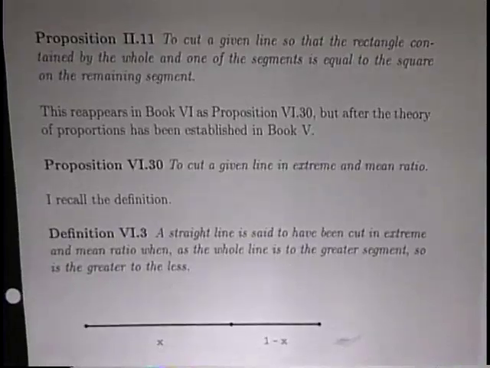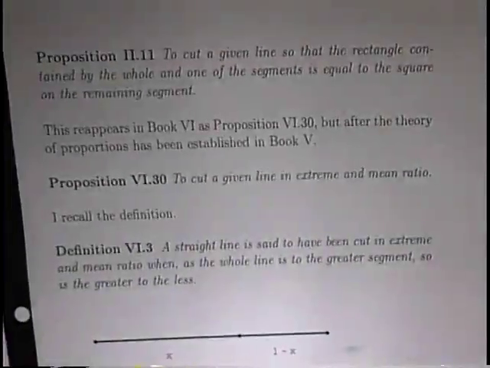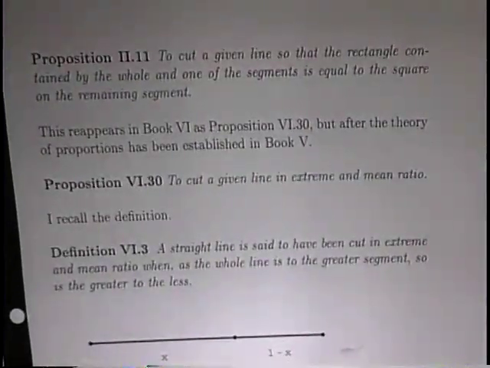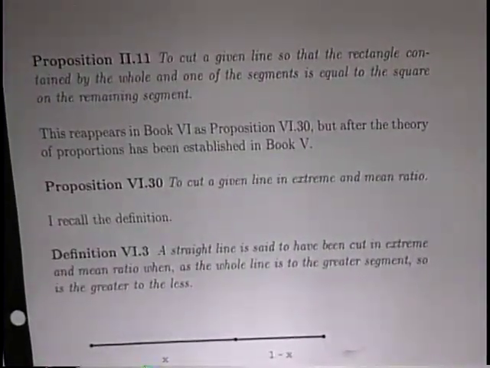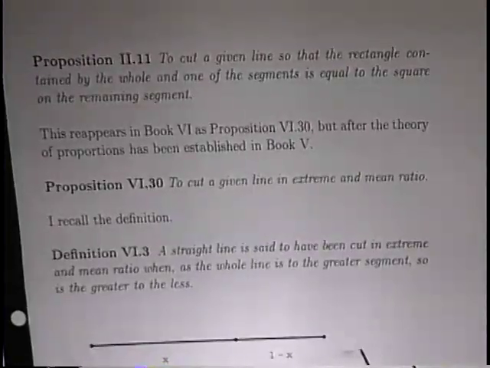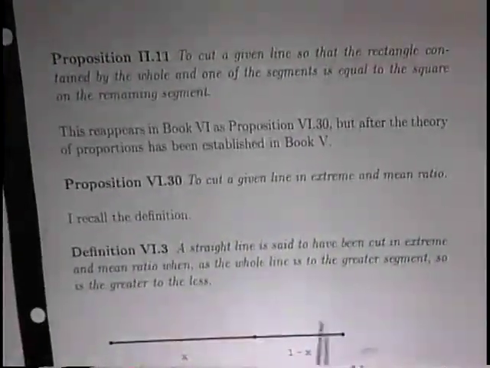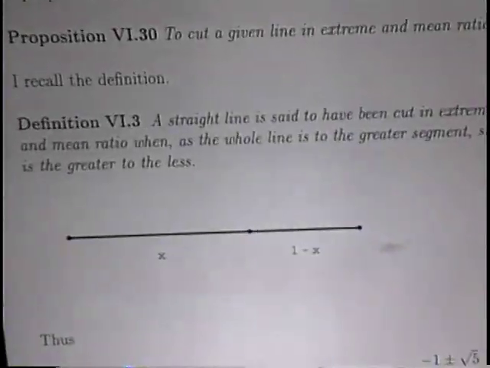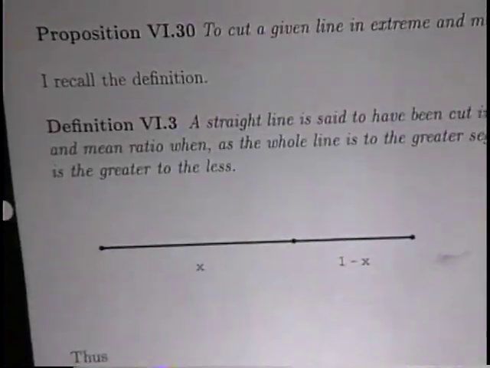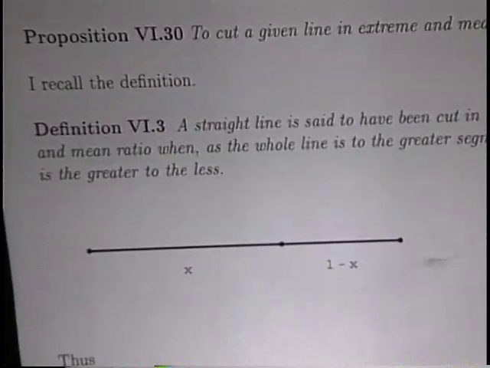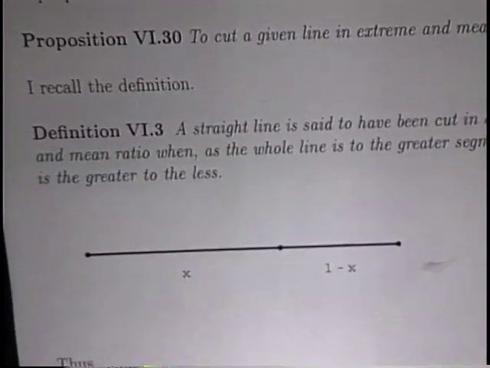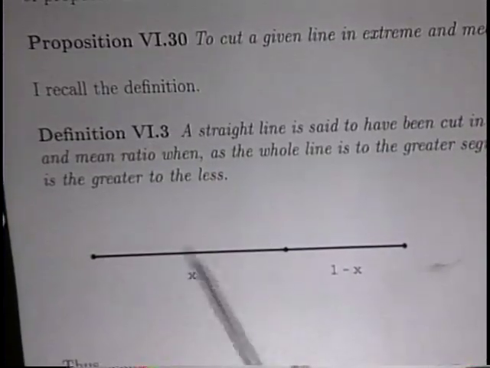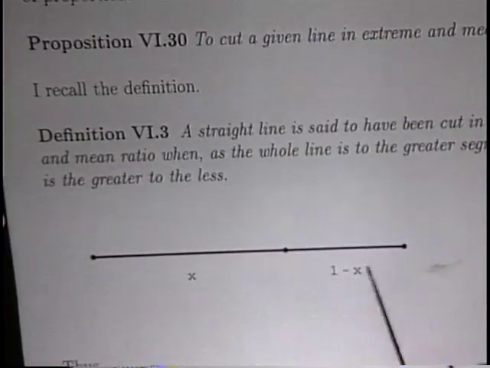So it says to cut a given line so that the rectangle contained by the whole and one of the segments. So think of this as being the given line, goes from here to here. I've just arranged so that the length was 1, thinking in terms of length. So that the rectangle contained by the whole and one of the segments, that means the rectangle, one of whose sides is 1, and in this picture, one of whose sides is 1 minus x.